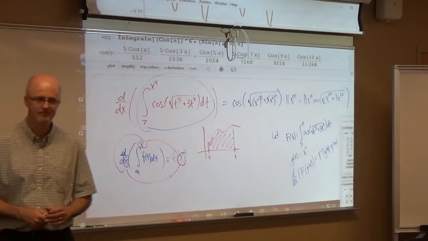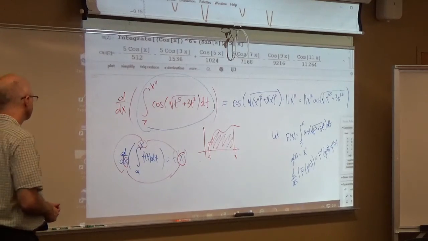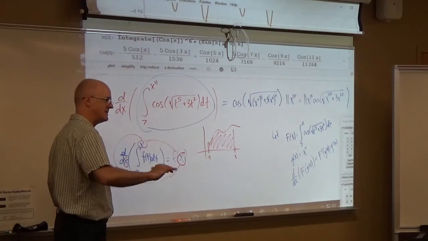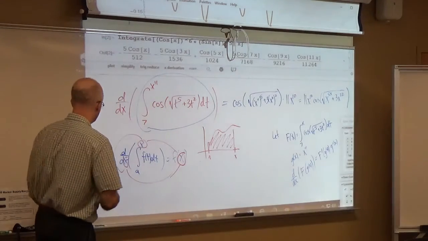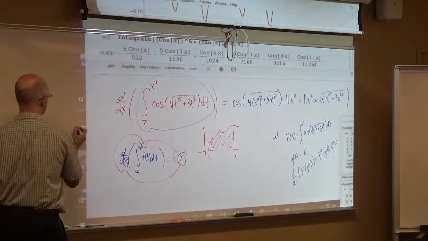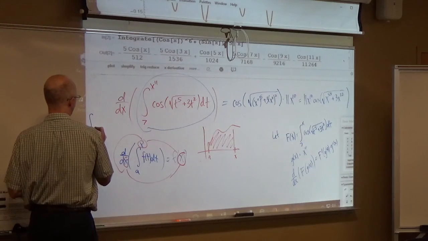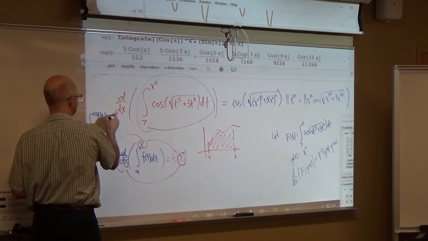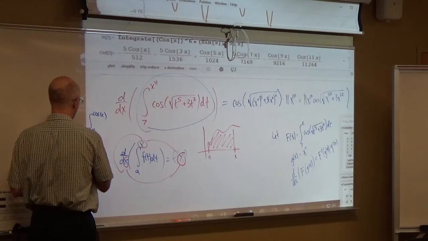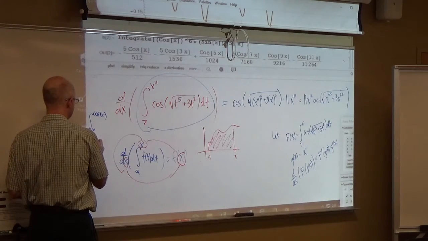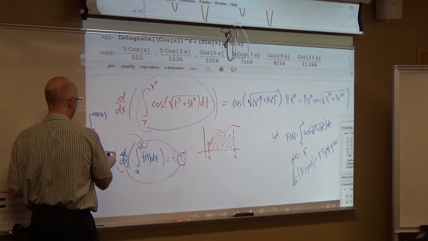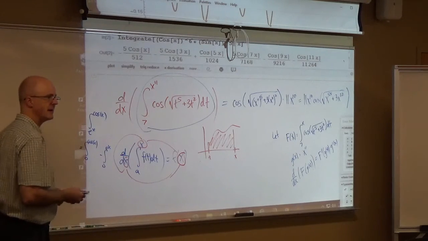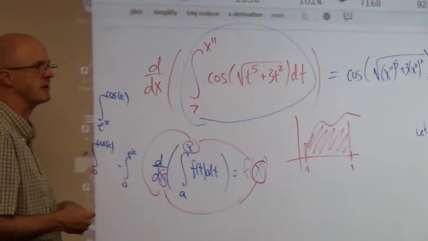What if the lower limit wasn't a constant? If it was a function? If it was a variable, then you have to deal with that in a separate case. Your exam question is not like that. But for example, if you have a problem like differentiating something with an e to the x down there and a cosine of x up there, you want to write this as the integral from 0 to cos x minus the integral from 0 to e to the x, and then differentiate each piece, using the property of integrals.